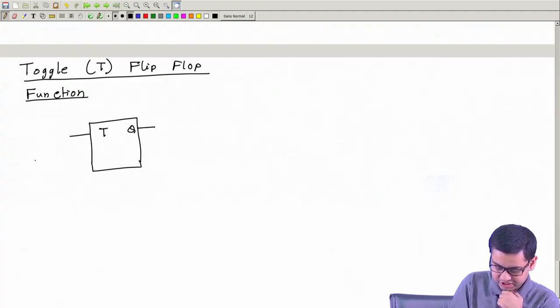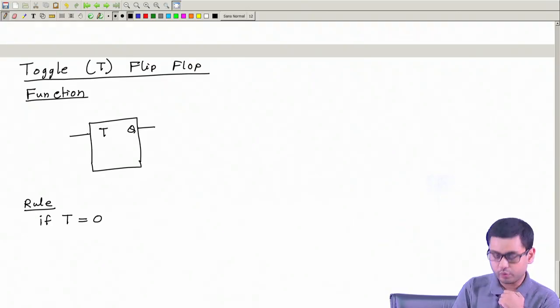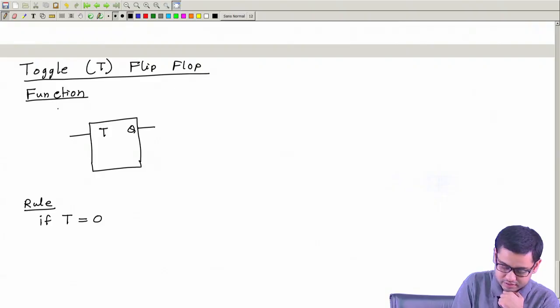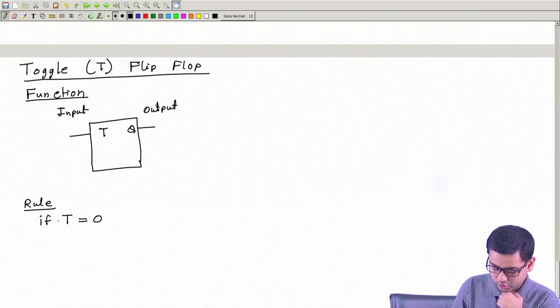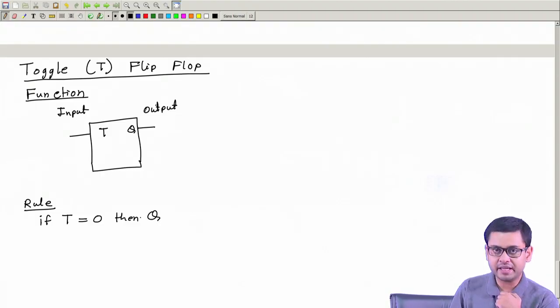Now, the rule is that if T is equal to 0, so it has only one input, so that input can be either 0 or 1. This is the input side, this is the output side. If T is equal to 0, then Q will remain at its value, whatever the value is.